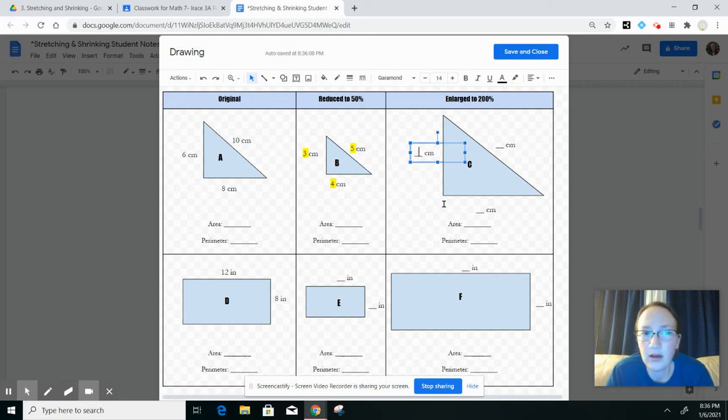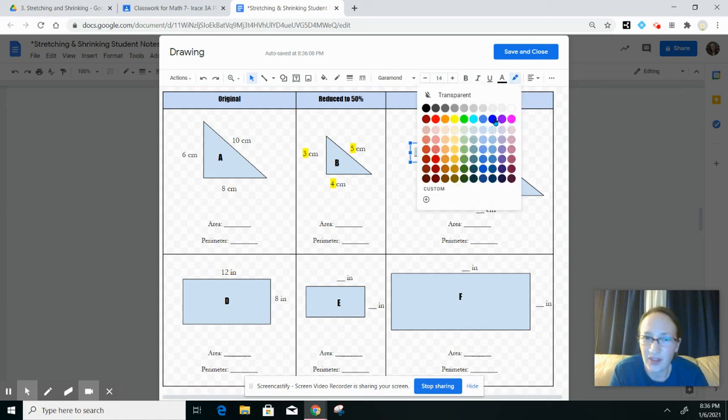Okay, moving on to figure C, we are taking our original figure and enlarging it to 200% of its original size, which means if you change 200% to a decimal by moving the decimal point twice to the left, we're really multiplying all of those side lengths by 2. So there's not even really much decimal work to be done here.